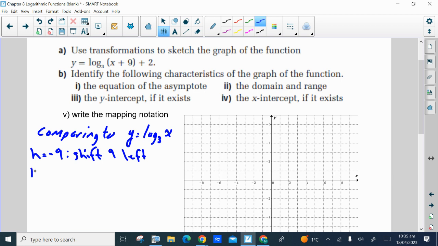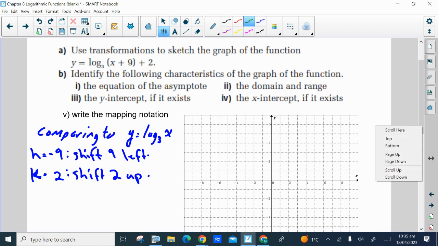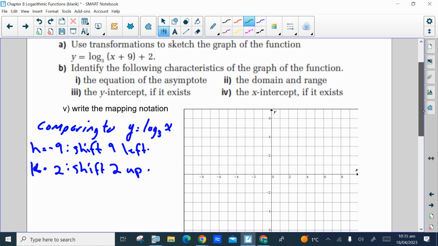And we'll have a k value of positive 2, which means it'll also shift up. Right? But this is a transformation of y equals log base 3 of x.